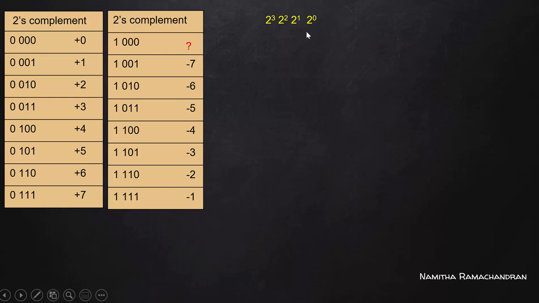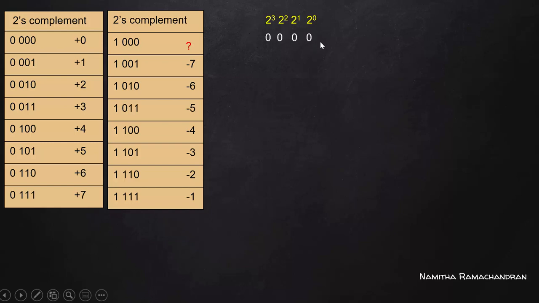In case of unsigned numbers, that means positive numbers only, we consider the positional values 2 to the power 0, 2 to the power 1, 2 to the power 2, 2 to the power 3, up to 2 to the power n minus 1 in case of an n-bit binary number. Here we have only 4 bits, so 4 positions are needed. This is the case of unsigned numbers.